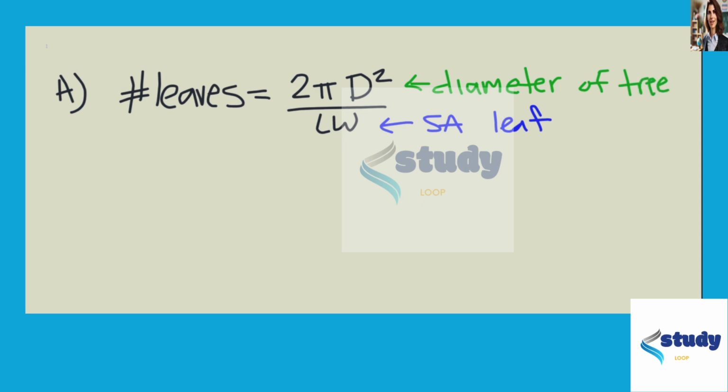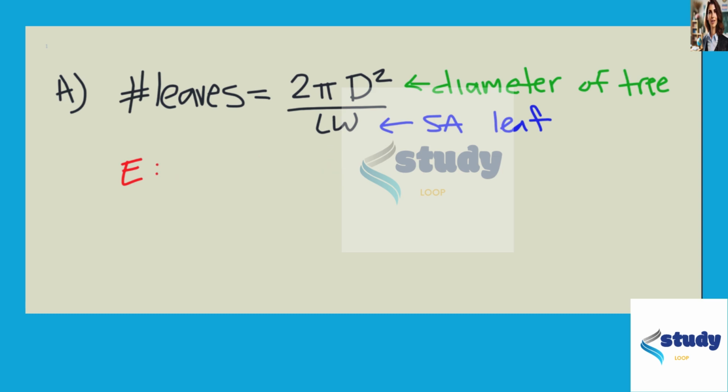Okay, and so then we want to find an equation for the energy exchange with the transpiration rate relationship using D, L, and W. First we need to add some data. We need to know the energy being absorbed, right?